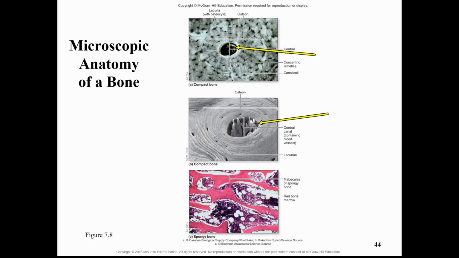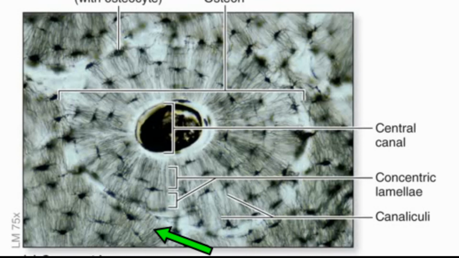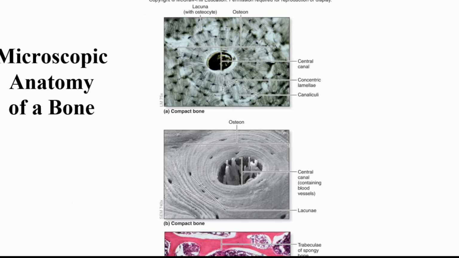So here is our central canal. There's a couple pictures actually. And you can see the osteocytes are going to be in these little lagoons, these lacunae. There's tiny, tiny canals, you can see some of them here, called canaliculi, that allow for nutrients and gases and waste products to be exchanged between the cells in the bloodstream.